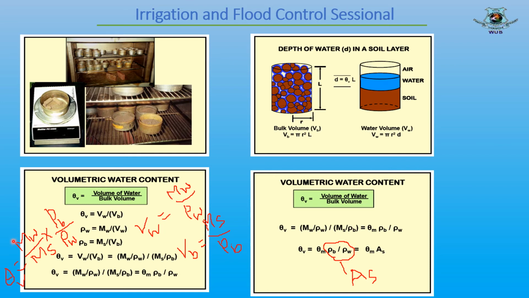And we know Mw divided by Ms, that means mass of water divided by mass of soil solids, equals the mass water content theta m. So theta v equals theta m into rho b by rho w.